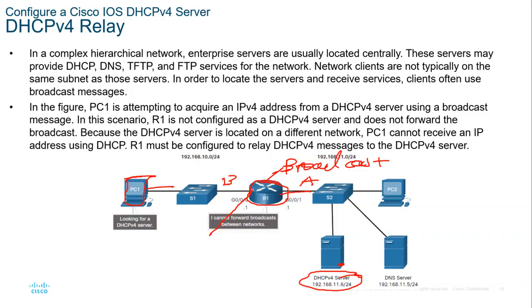So once the helper is assigned on this interface, the relay is going to be assigned on this, and then you have to state this IP address. Every time the broadcast DHCP message is sent here, it is extended to this server, only this server.